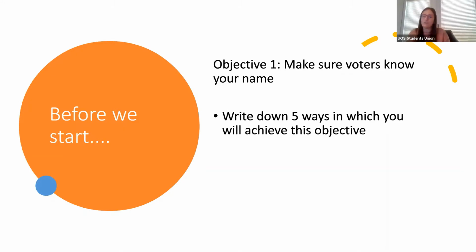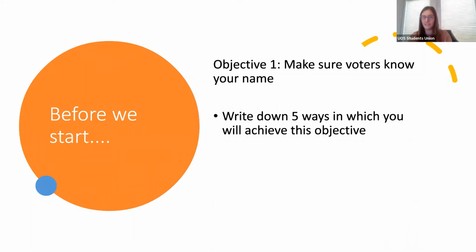So now I want you to take a minute and write down 5 ways in which you'll achieve these objectives. So write down, if you want to share in the chat or in the Q&A, I'll be very happy, but you don't have to. But I definitely want you to write them down on your phone or on a piece of paper or somewhere.